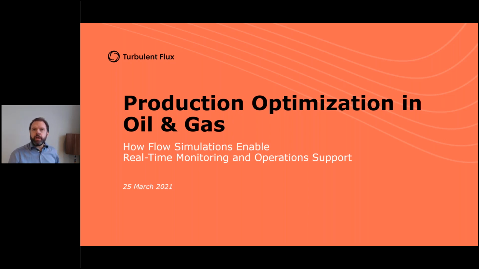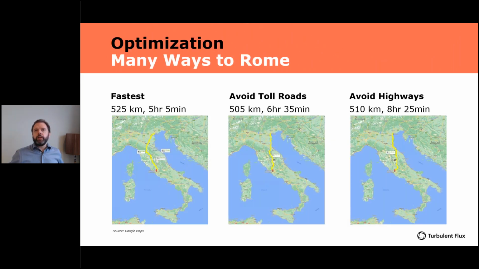It's about the objectives you define, and as you will realize, it will offer you different ways to actually achieve that. So if we look at an example here, we can see that optimization as such offers truly many ways to roam.